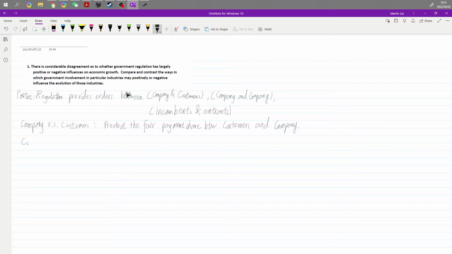And between company and company, regulation usually protects against monopoly or forced buyout.